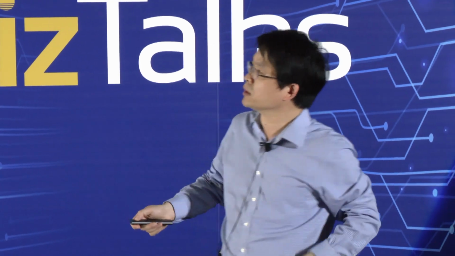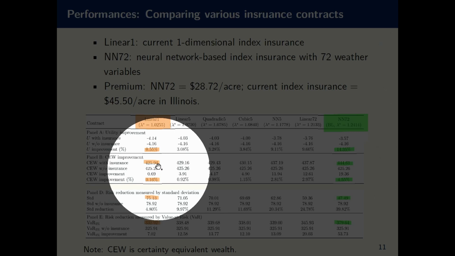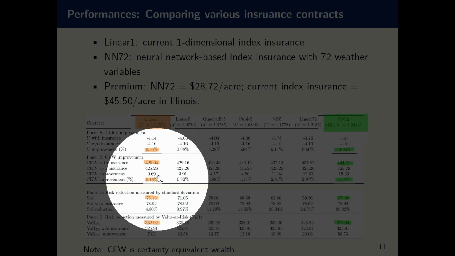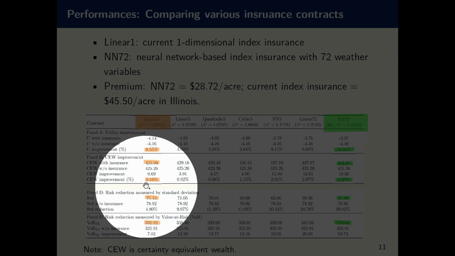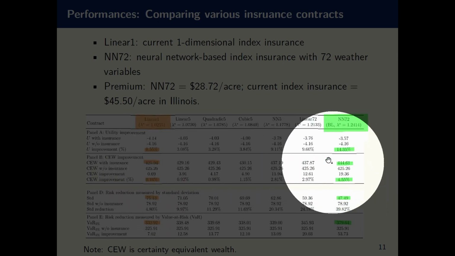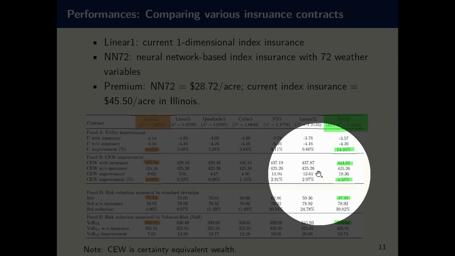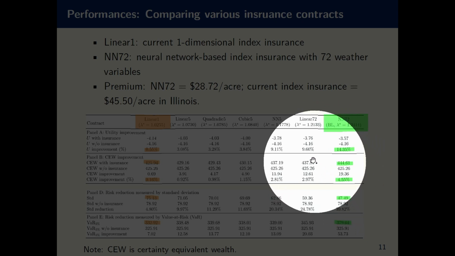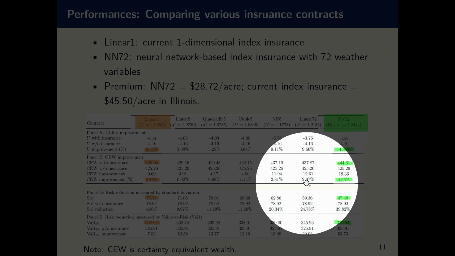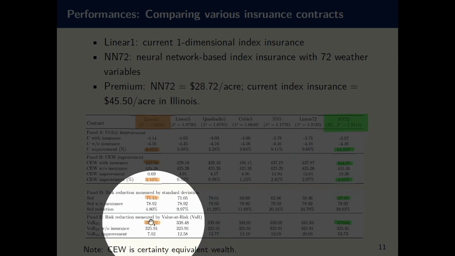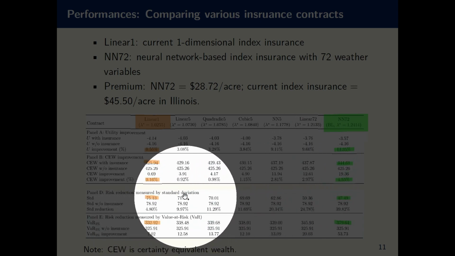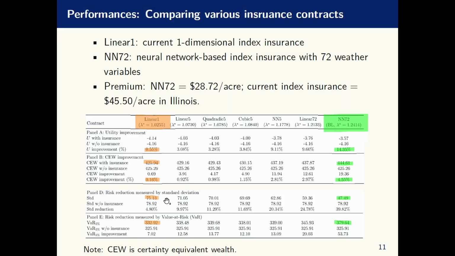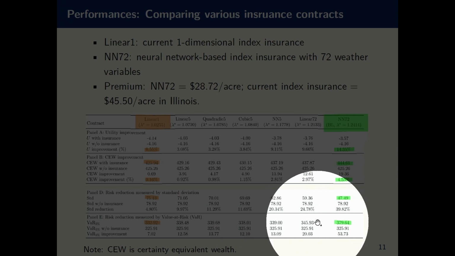In the second part, if you look at the certainty equivalent of wealth level, again, the current contract only improves their wealth level by less than $1. But our contract actually improves farmers' wealth by almost $20. And if you look at risk reduction, for example, standard deviation or value at risk, you see our contract performs much, much better.